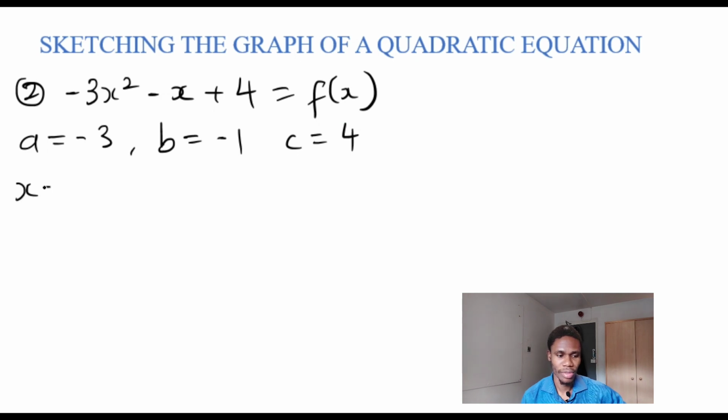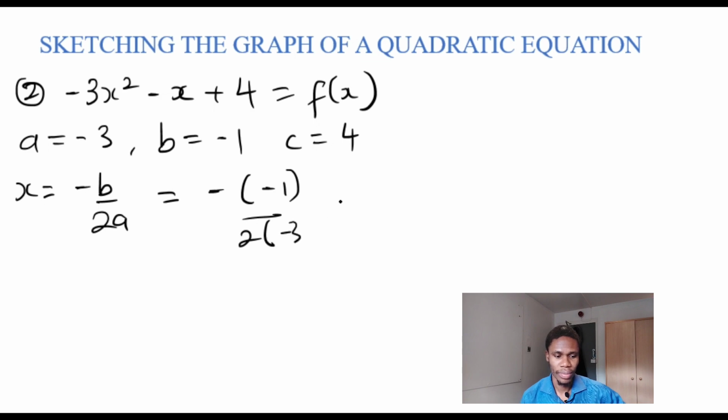Our axis of symmetry x equals minus b out of 2a, which is minus minus 1 out of 2 times minus 3. This gives us 1 out of minus 6, which is minus 1 out of 6.